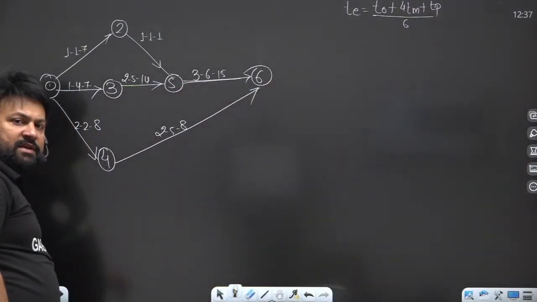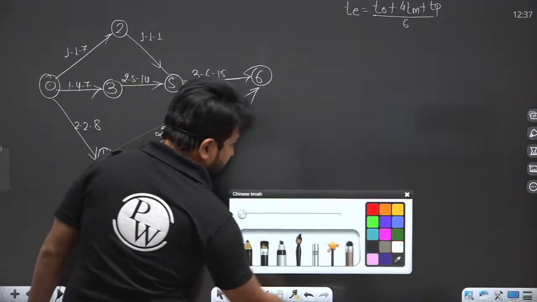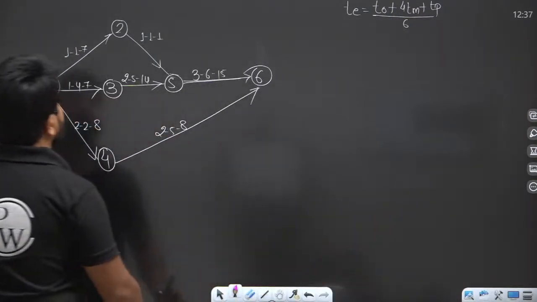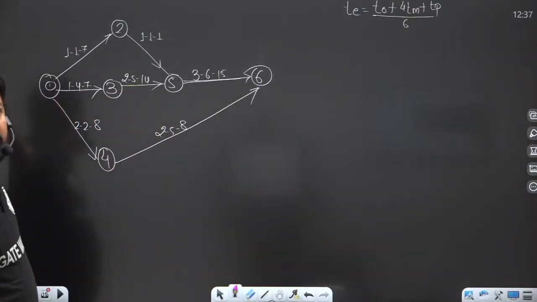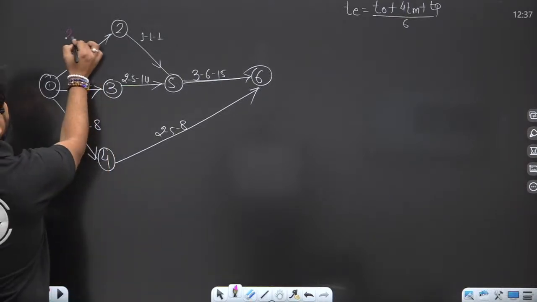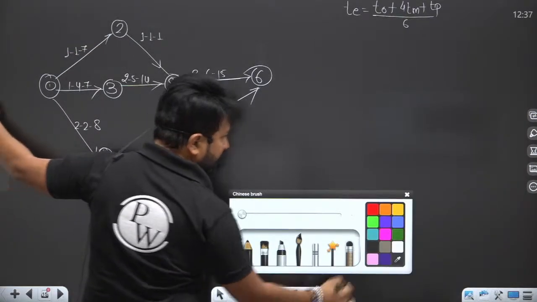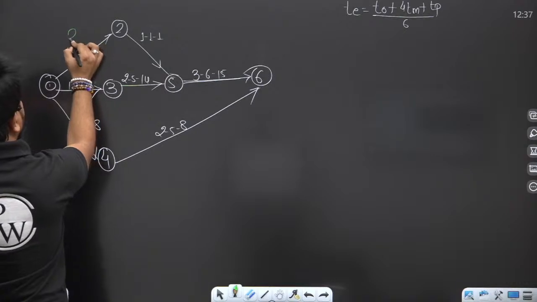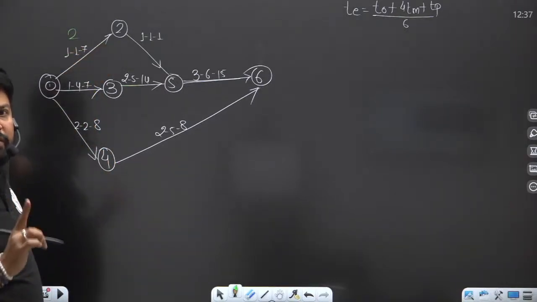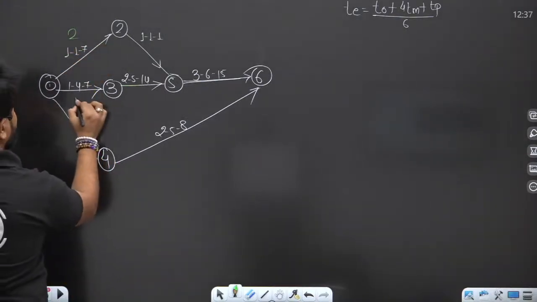Yes or no? This is the expected time. So here you have to write down the expected time. For 1 to 2 it will become 2. For 1 to 3 it will become what?